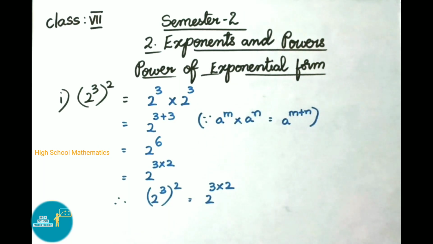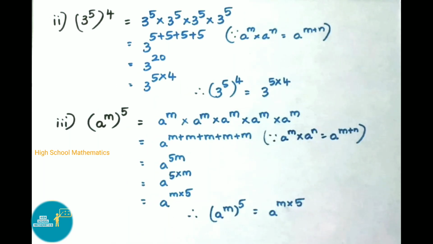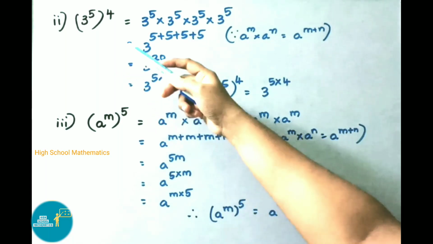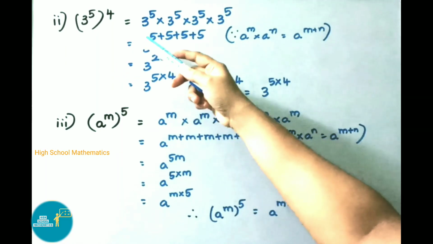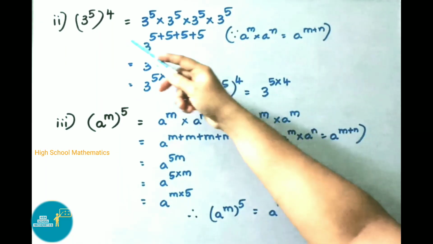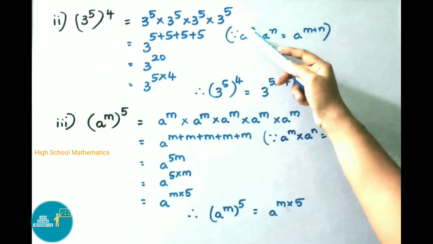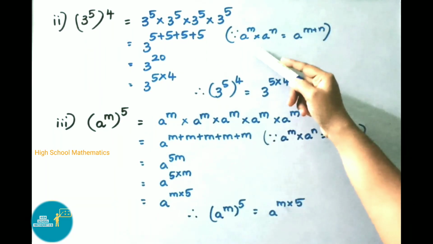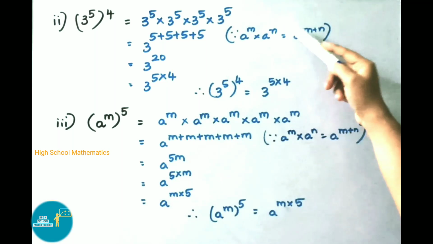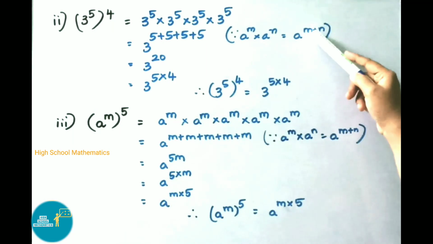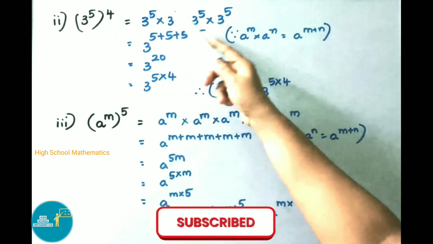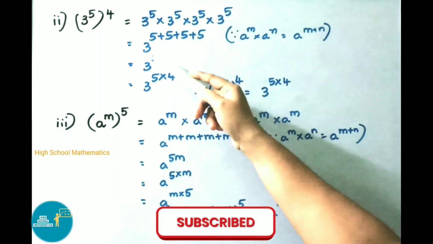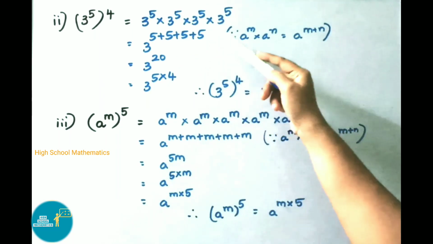Let us see few more examples on this. See now second sum, 3 power 5 whole to the power of 4. That equals to 3 power 5 must be multiplied 4 times. Based on the formula a power m into a power n equals to a power m plus n, we have added here powers. That equals to 3 power 5 plus 5 plus 5 plus 5.